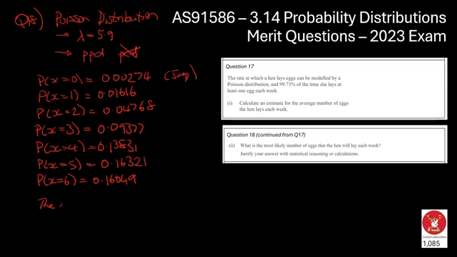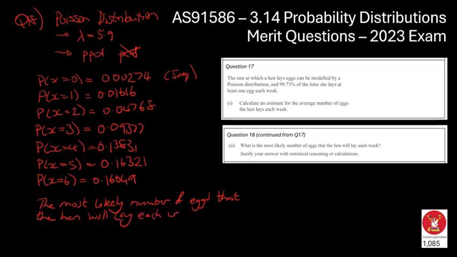So the most likely number of eggs that the hen will lay each week will be 5 eggs. So there you go, and that wraps up this question.